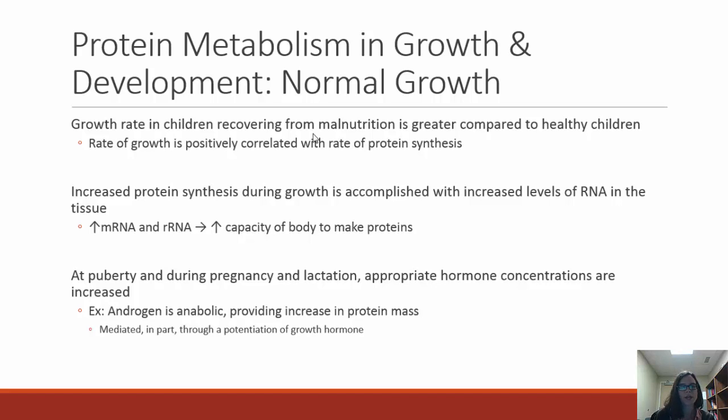One example is that we know androgen is anabolic, which provides increased protein mass, and this is mediated in part through potentiation of growth hormones. So during times of growth, we're going to have more androgen, which is going to dictate more protein synthesis.